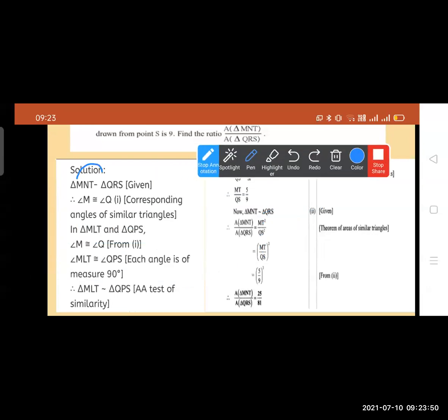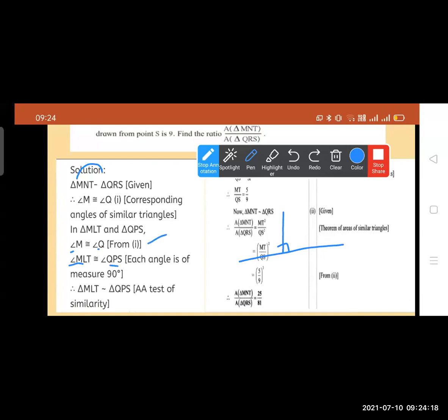Okay. Now next, in triangle MLT and QPS, M is congruent to Q according to first condition, and here they say that the altitude is drawn. Altitude means perpendicular. That means angle MLT is congruent to angle QPS. Each angle is equal to 90 degree. Okay. So we have two conditions.